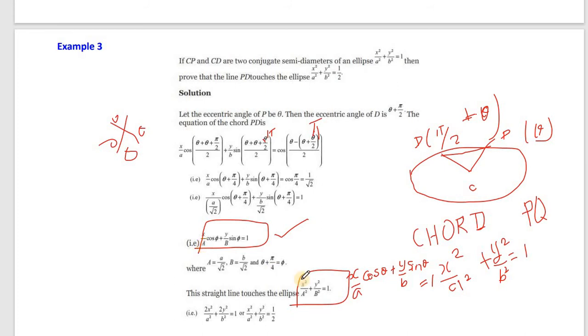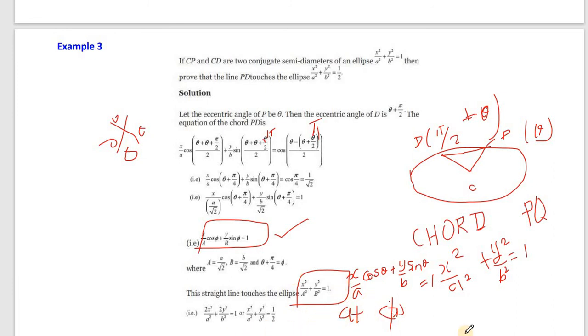You have x square by a square at phi. But what is phi? Phi is again a point. We are asked to show that PD touches the ellipse. So phi is a point on this one, right?